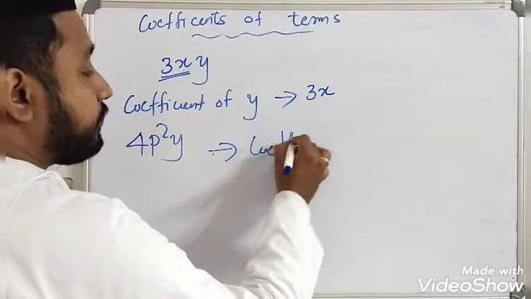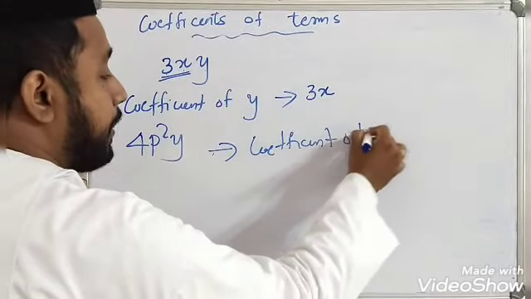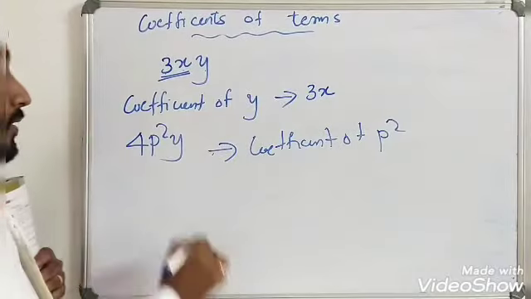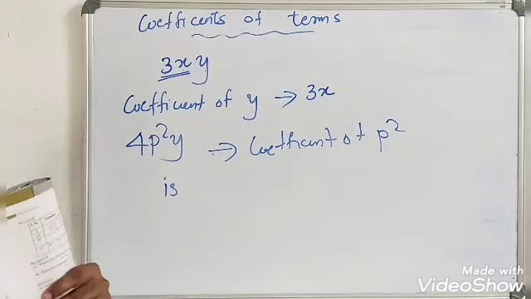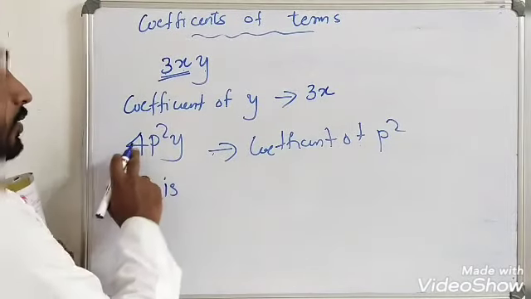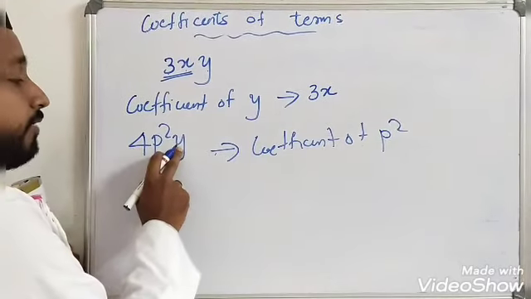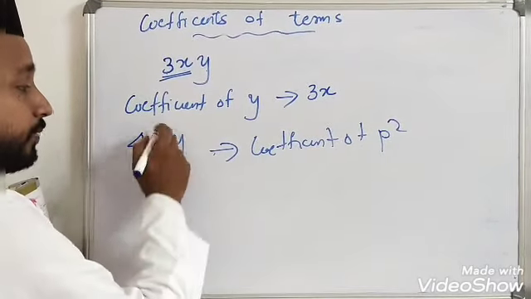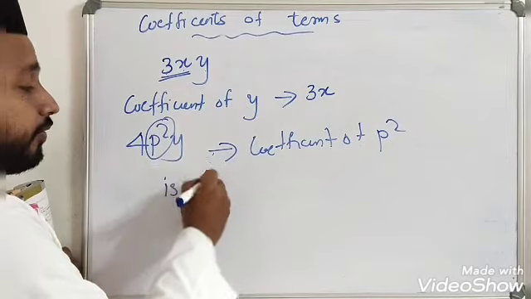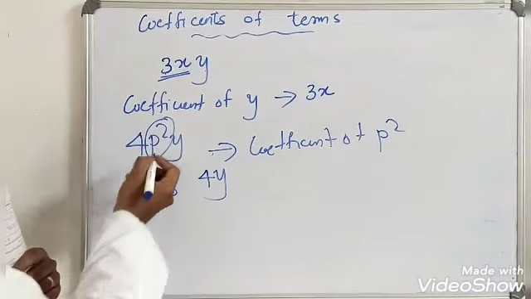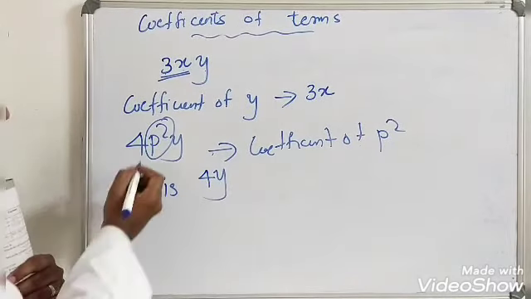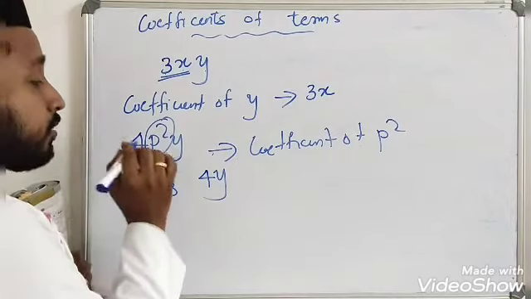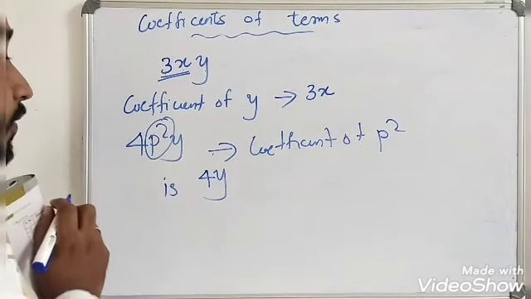Here 4 and y are there, therefore the coefficient of p square is 4y. We simply say the coefficient of p square y is 4.